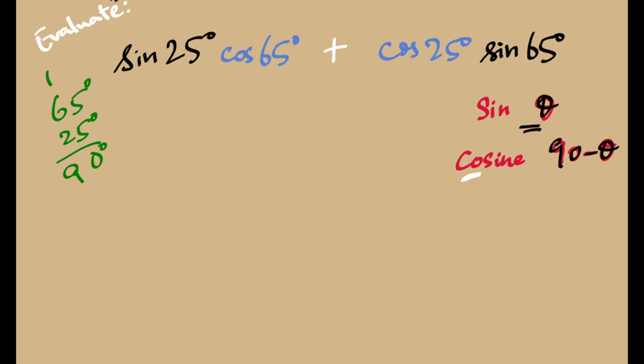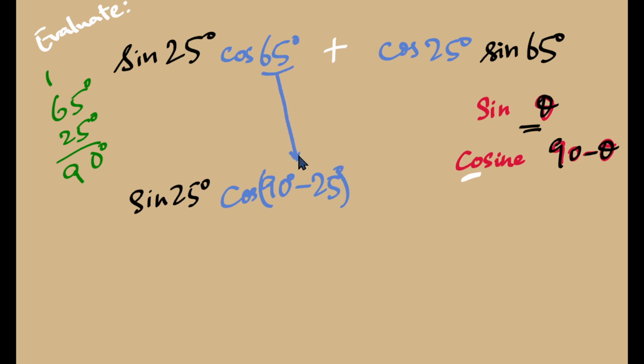So these two angles are complements of each other. Well, if they are complements of each other, then I know that sine of 25 degrees and the cosine of 90 minus 25 degrees would be the same. So I'll write it as cosine of 90 minus 25. So I haven't changed the expression yet, because I have just written 65 degrees as 90 minus 25 degrees.